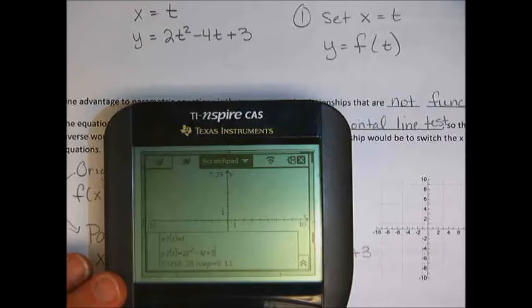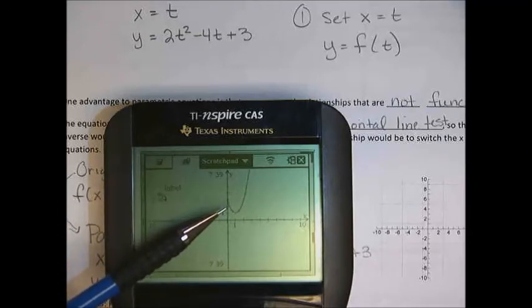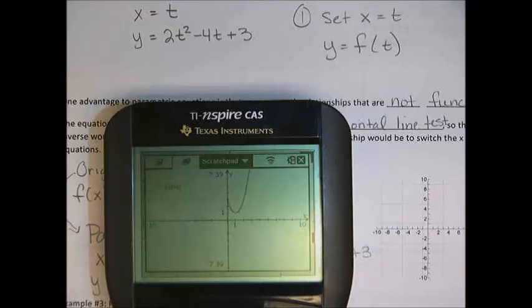And if I graph that, let me move the equation here. Notice that it only started the parabola when x was equal to 0. And because x is equal to t, that's saying when t is equal to 0.